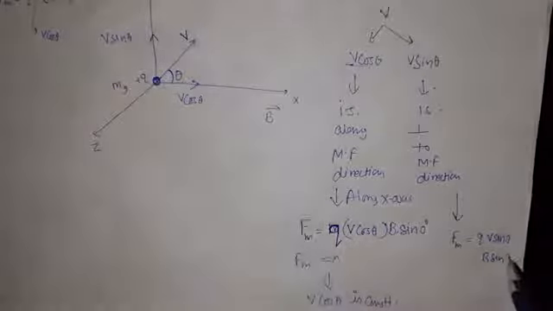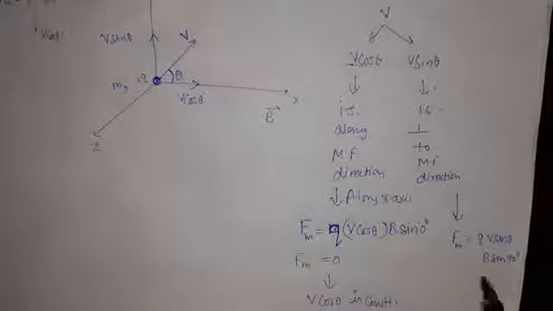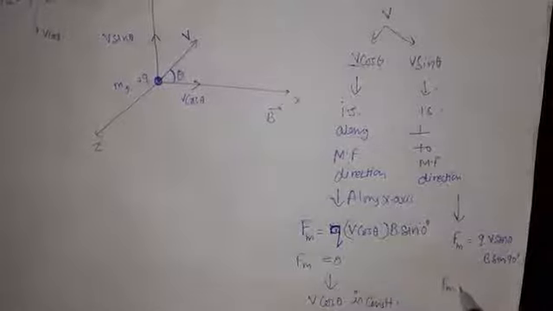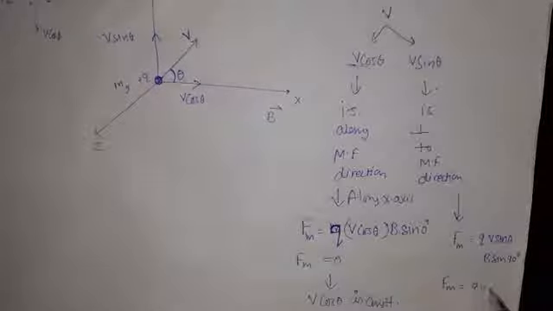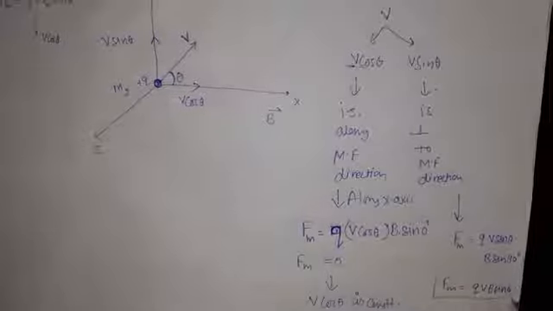This is going to be 90 degree. Thus we get the magnetic force, which is equal to q v B sin theta. This is that magnetic force.